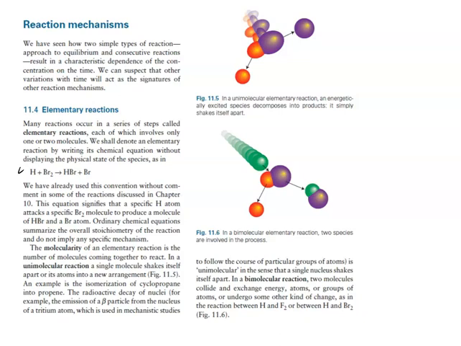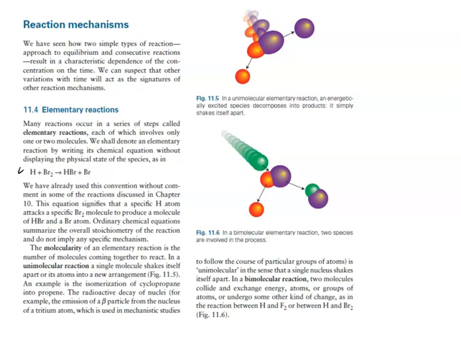An example is the isomerization of cyclopropane into propane. The radioactive decay of nuclei, for example, the emission of a beta particle from the nucleus of a tritium atom, which is used in mechanistic studies to follow the course of particular groups of atoms, is unimolecular, in the sense that a single nucleus shakes itself apart.